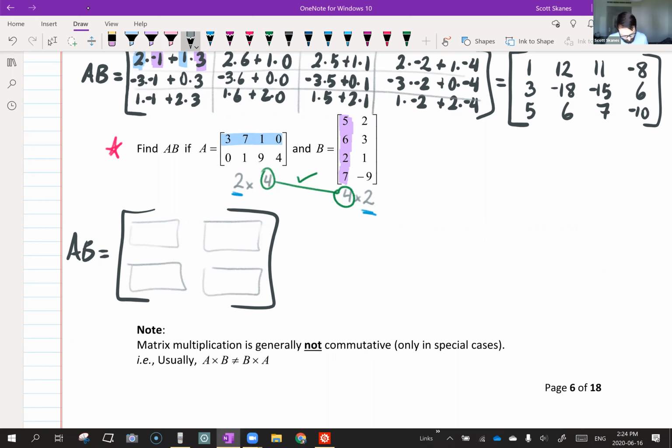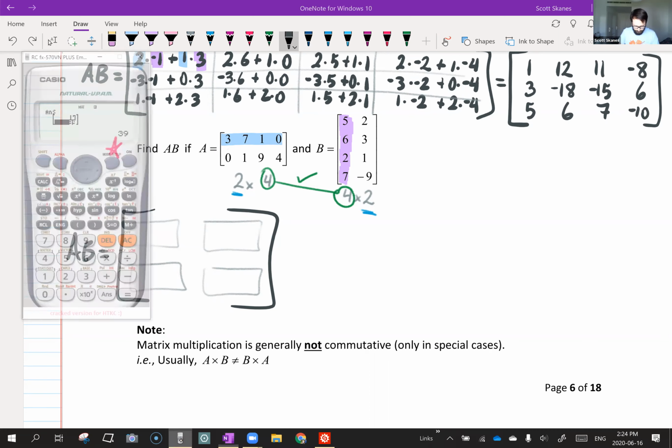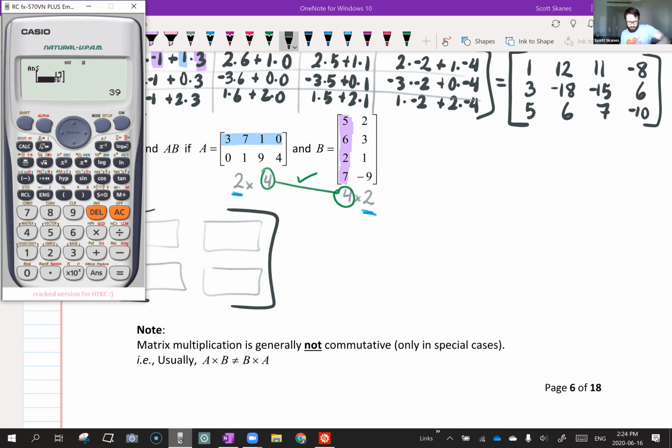So let's do the first element. You'll notice that it's the first row, first column, or in other words, it's where these cross. First row, first column. I'm going to get an element here, okay? Let's do it. It's 3 times 5. I'm going to do it in my calculator, just literally. I'll show you how I do this without the matrix mode, just regular calculator. So I need to go back to calculation mode, so mode 1.